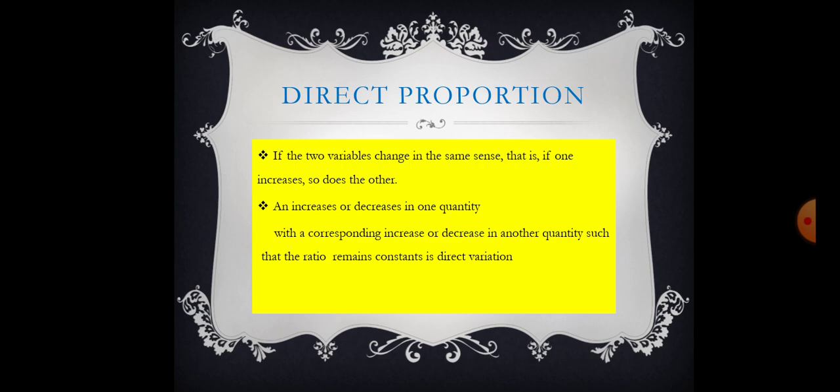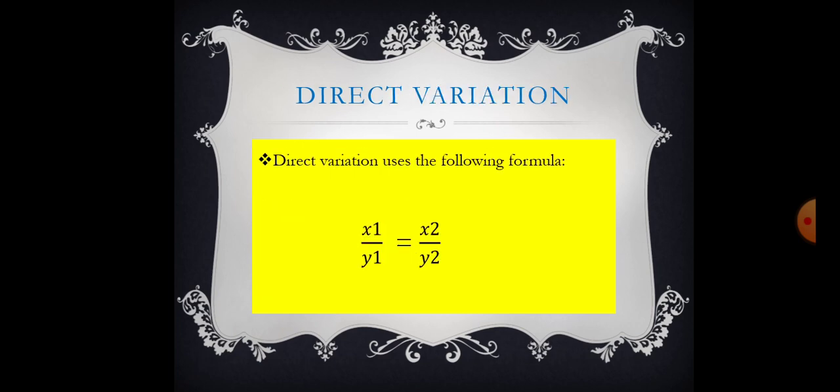Suppose one variable is x and the other is y. If x is increasing, then y is also increasing. If x is decreasing, then y is also decreasing. This type of proportion is direct proportion.